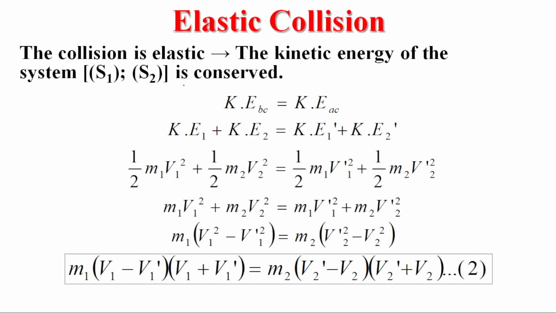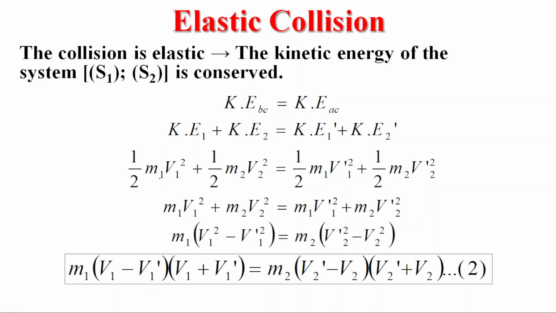Elastic collision also means the kinetic energy of the system is conserved, so kinetic energy before collision equals kinetic energy after collision. Before collision we have the kinetic energy of S1 plus that of S2. After collision we also have the kinetic energy of S1 plus that of S2.